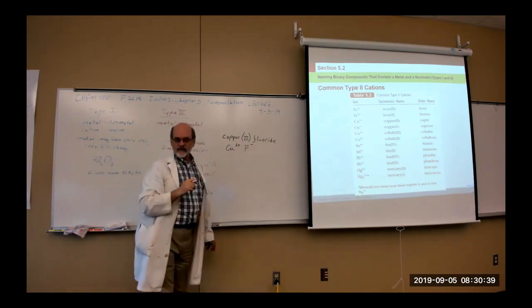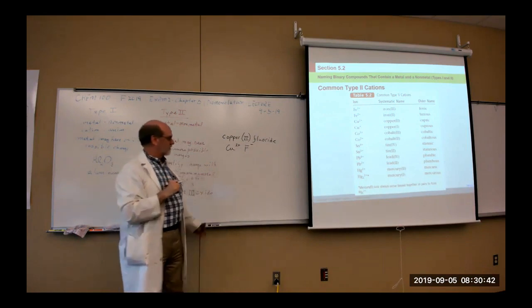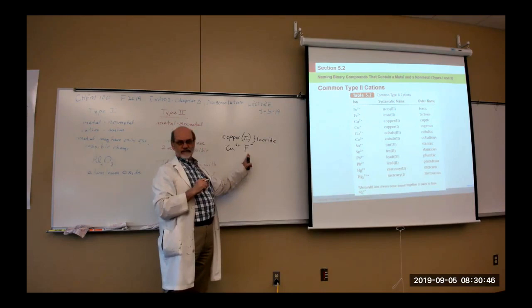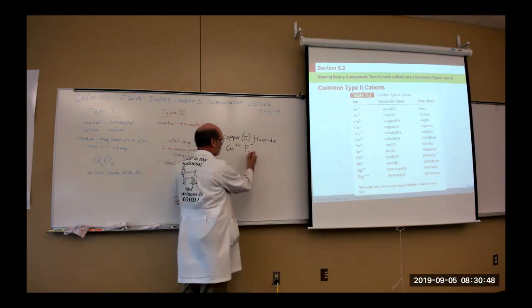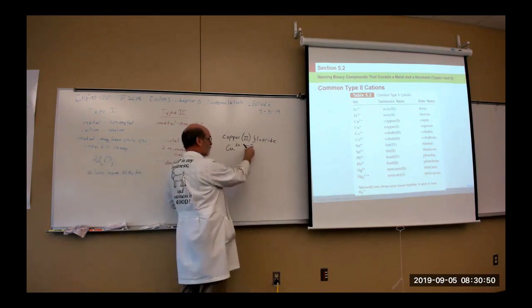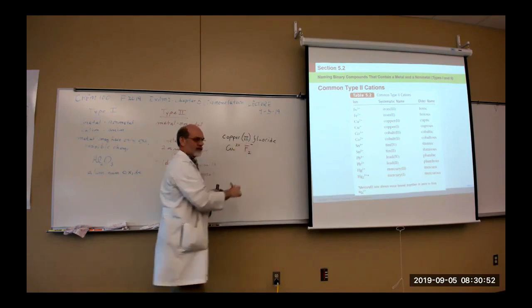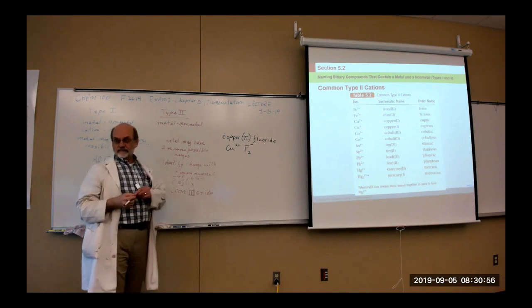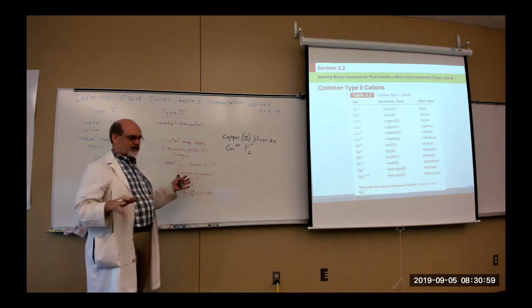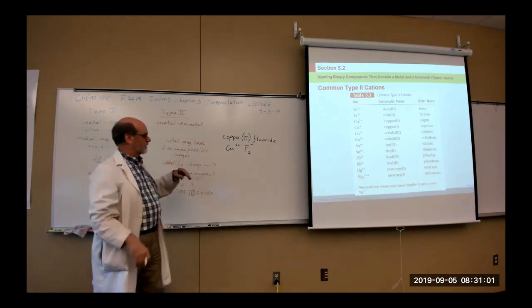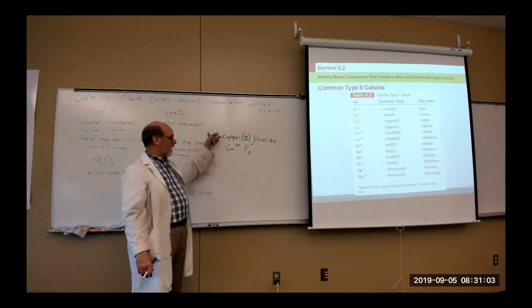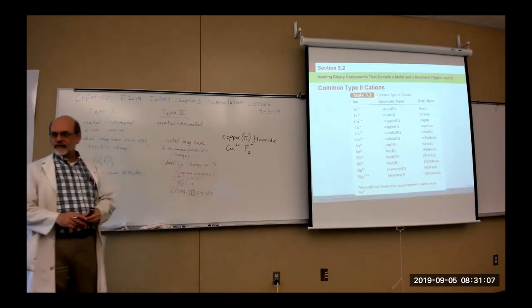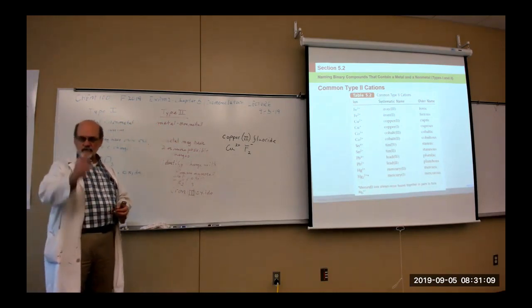Right, so how do we get the charges to balance? Well, this one only has 1, so we need 2 of them. So 2 times minus 1 is minus 2, balances a 2 plus. Okay? It's unambiguous, can't make mistakes if you follow the rules. Go from here to here. We could go backwards just as easily, like we did for this one. You should be able to go both directions.